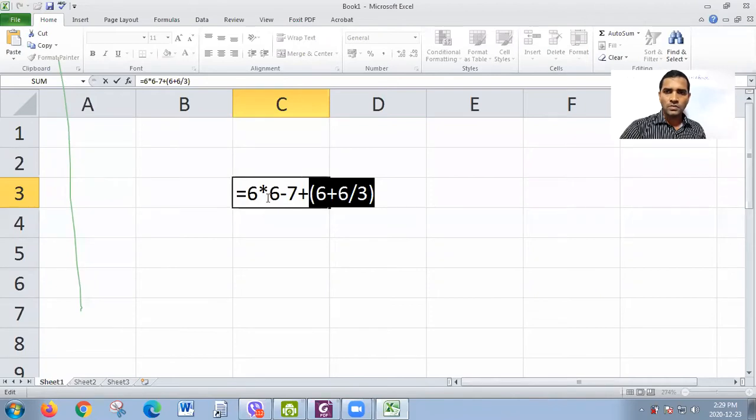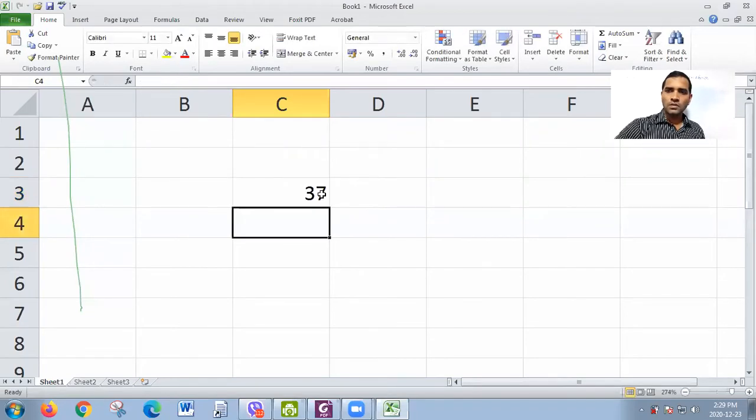So here 36. 36 minus 7, right? 29. So 29 plus 8, it's 37, right? So you have 37. Okay. So this is how things are handled in a spreadsheet. Okay, right. So I hope that you understood the concept.